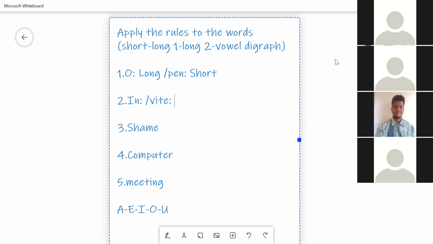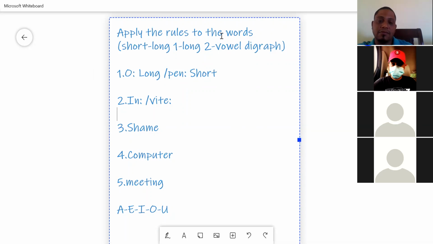Now, what do we apply for the first syllable and what do we apply for the second syllable? Is the question. Mary, do you know? Which rule do you apply for the first one? No, I mean the name of the rule: is it the short vowel rule, the long one, the long two?